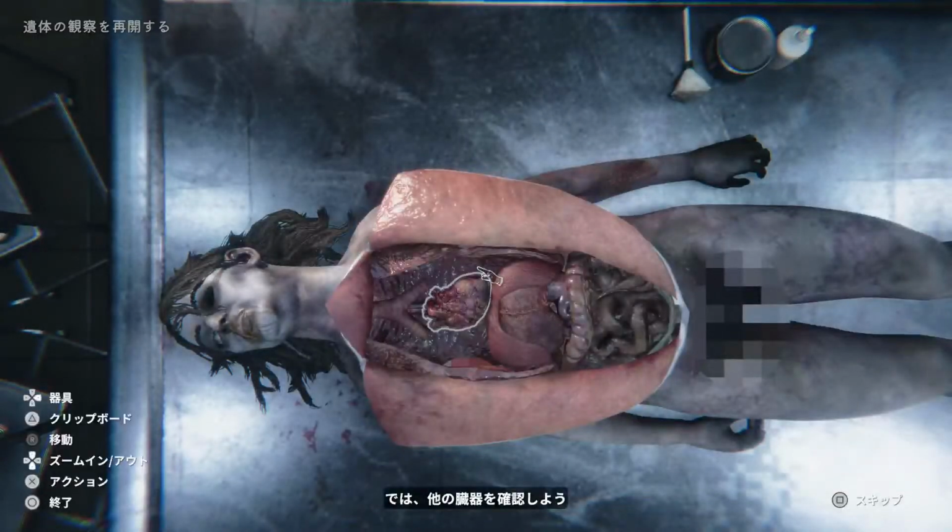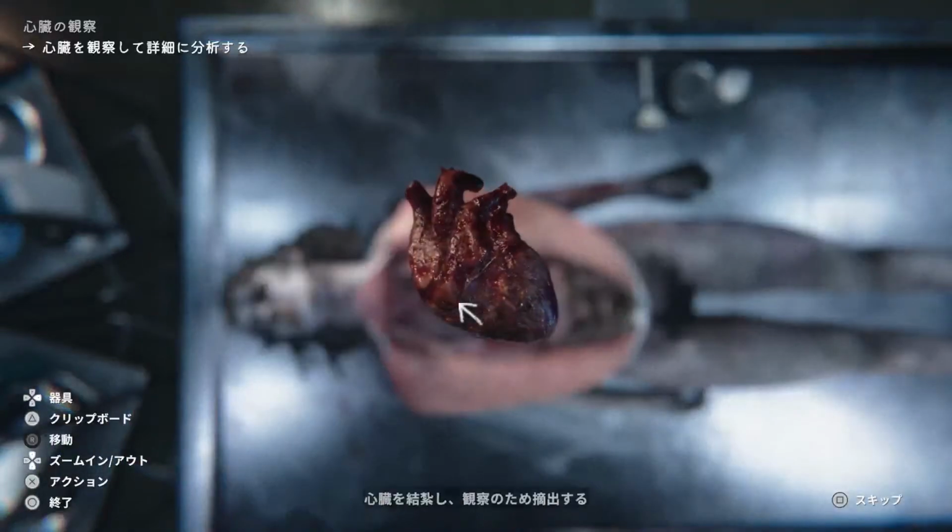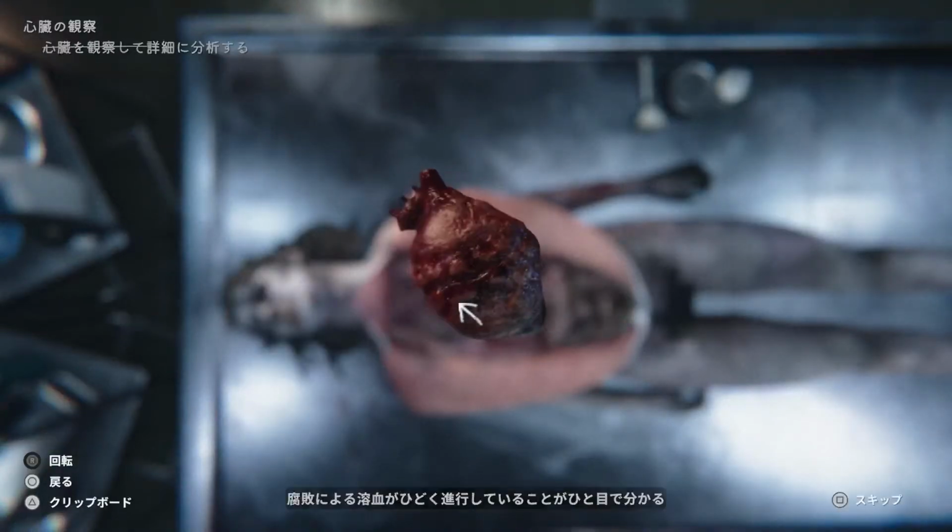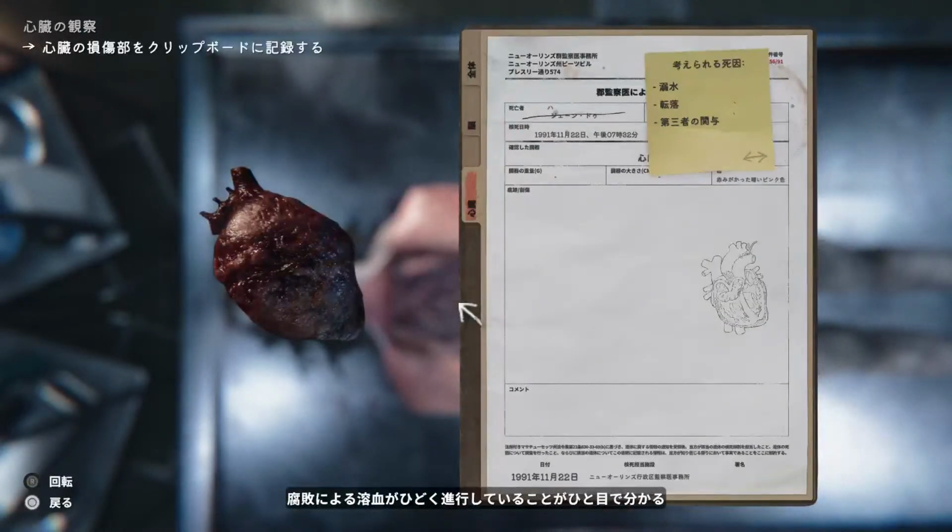So, I move on to checking the other organs. I ligate the heart, and then remove it. Strongly developed putrefactive hemolysis of the organ can be seen at first glance.